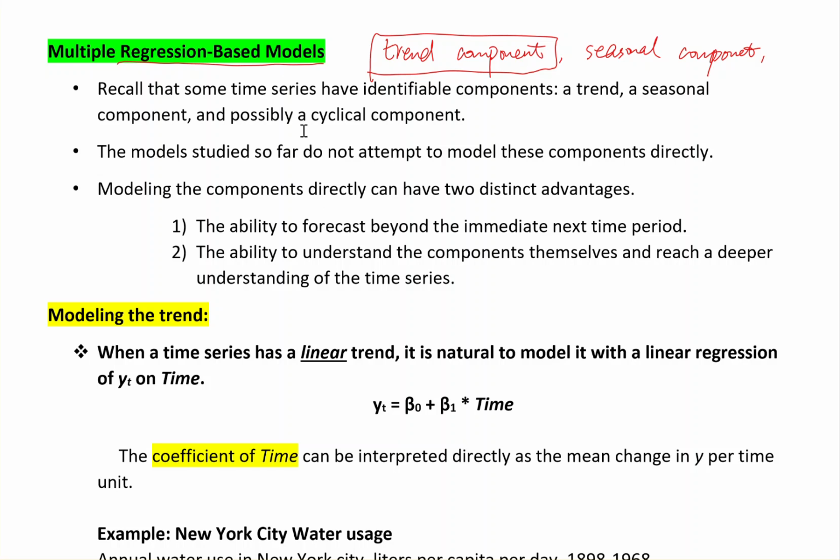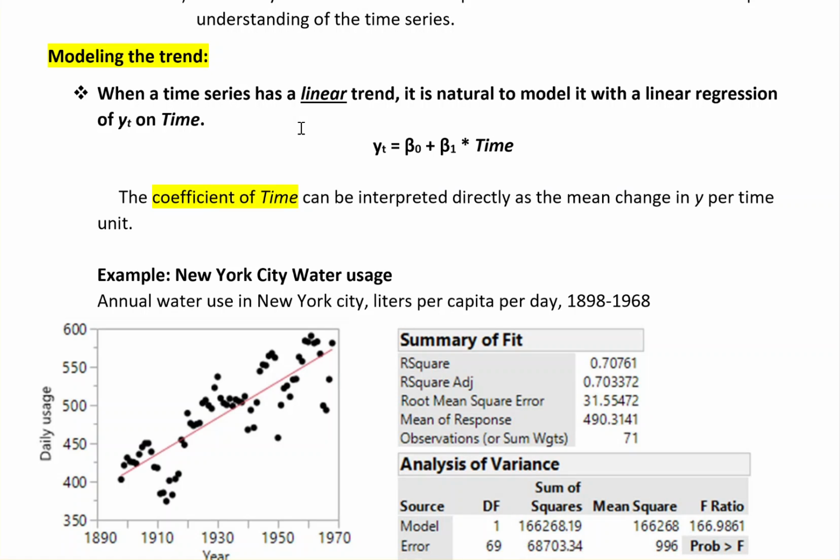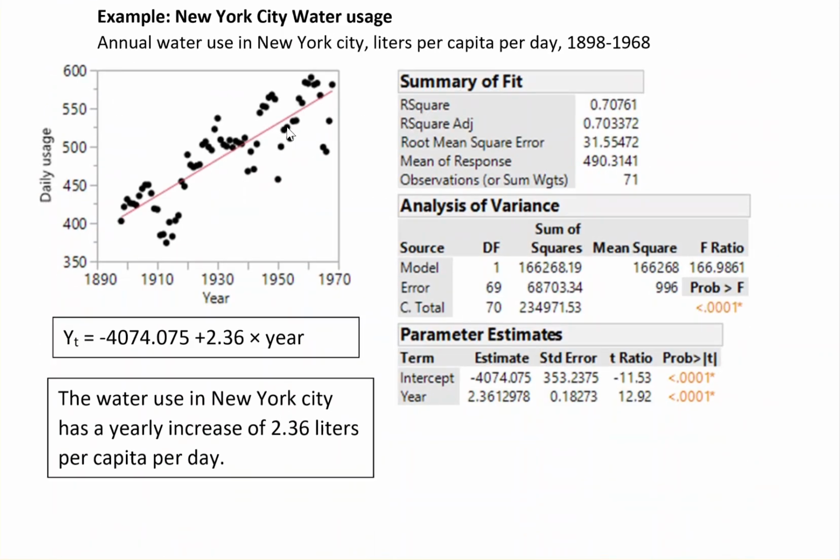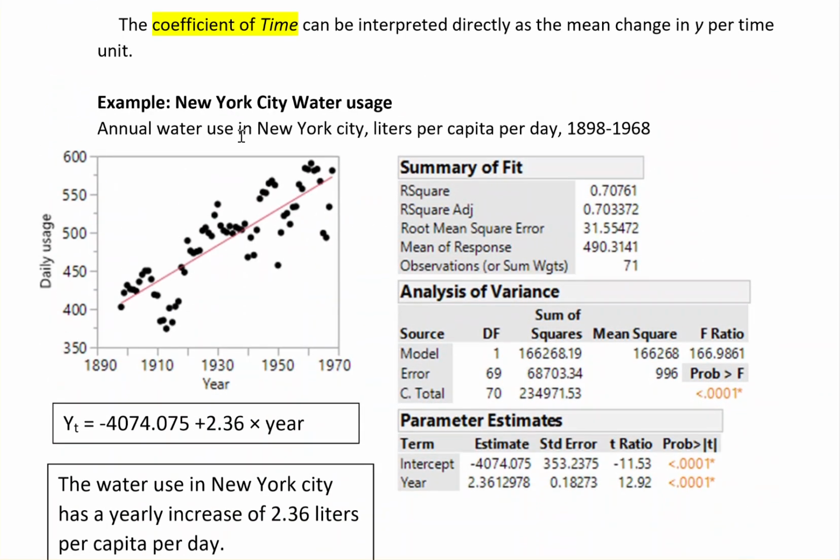Alright, so suppose we have the trend component for our time series. Then how can we model the trend? For example, use this example. This is the New York City water usage. It is about the annual water use in New York City, from 1898 to 1968.